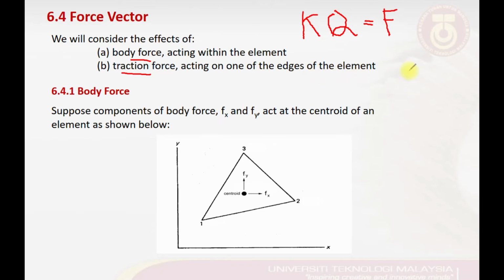First, let's look at the body force. Suppose the components of body force are given by Fx and Fy, which may act in both the x and y axis directions, acting at the centroid of our CST element, as shown here.